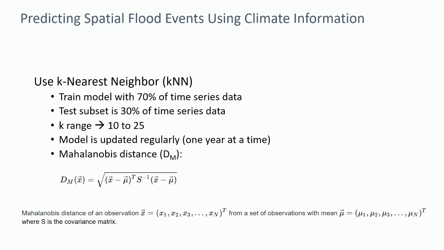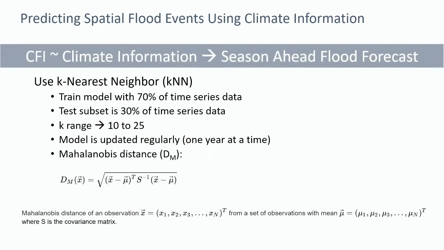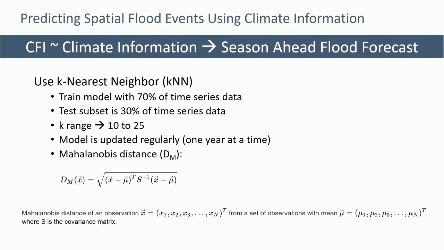For our preliminary forecast, we went with a K-nearest neighbors approach. And as you see, we used 70% of that time series data that we had to train the model to test about 14 to 15 years of the rest of the data from the time series.